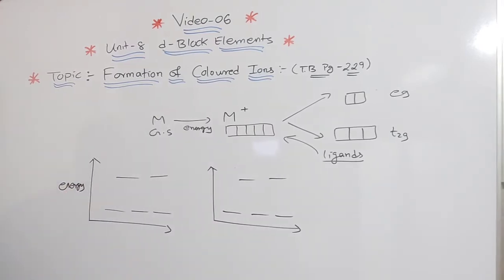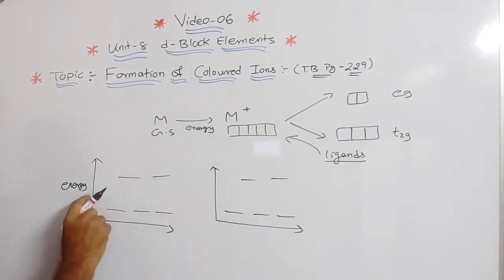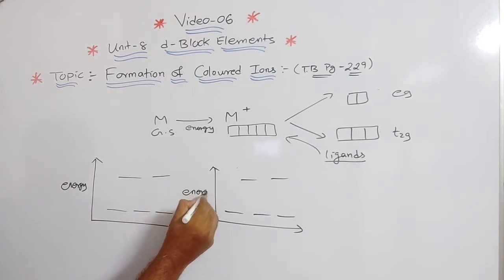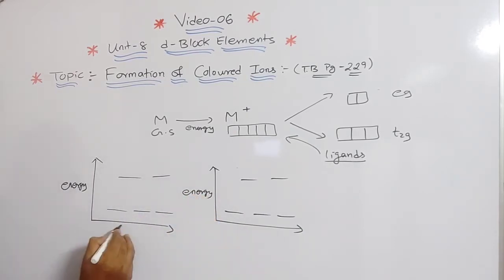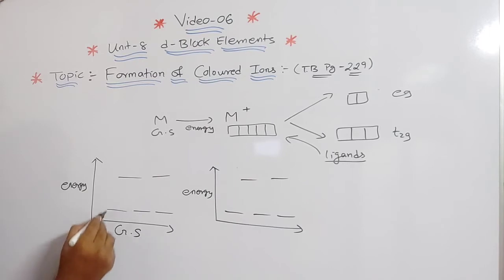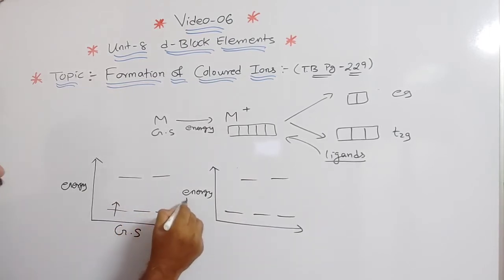Now what happens in the ground state? GS means ground state. The electron gathers energy in the form of light or high wavelength. If you have studied structure of atom in the 11th standard, 2nd chapter, you know this.